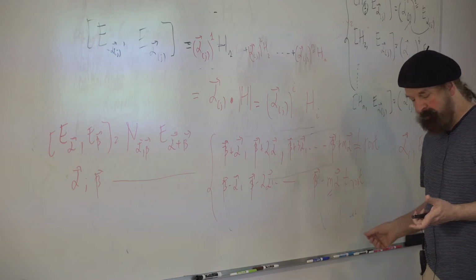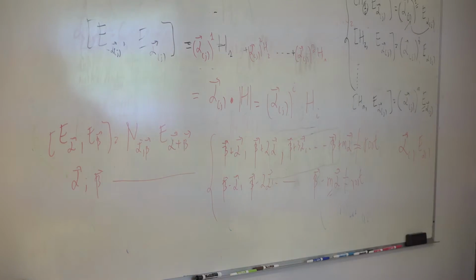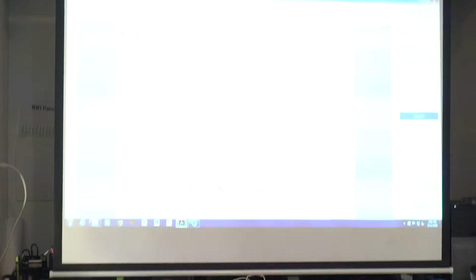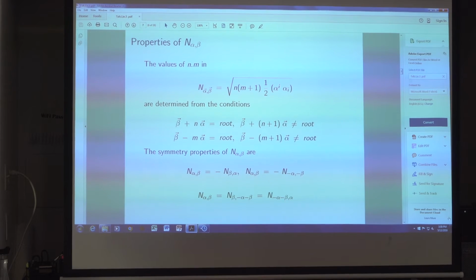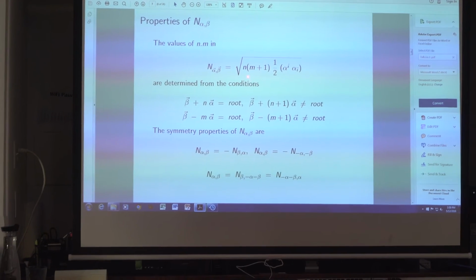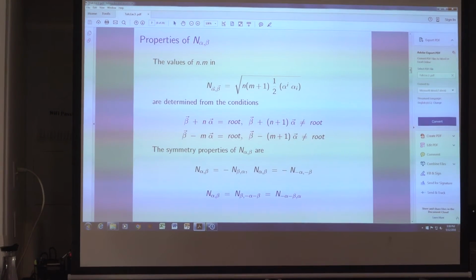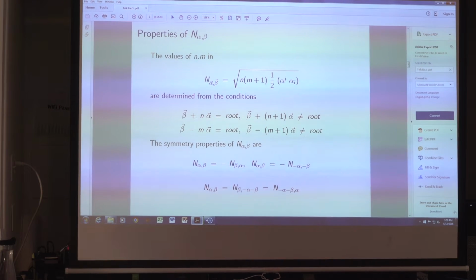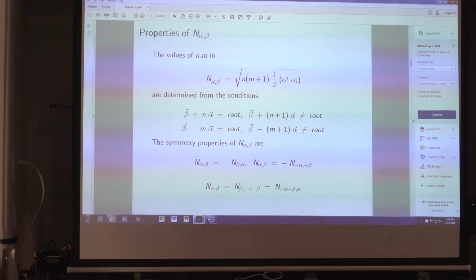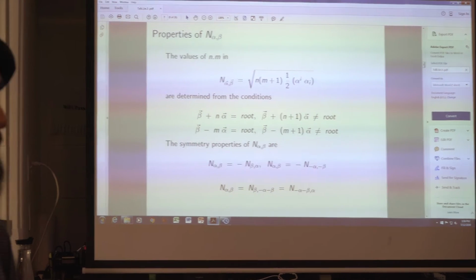This is how this capital N, if you want to call it a structure constant, is defined. It's like an allowable range. I think I will talk about how to compute roots from Cartan matrices, and we'll see where this n and m come in again. Later on, the Chevalley basis is even more elegant.